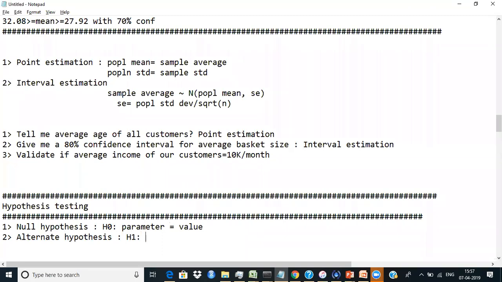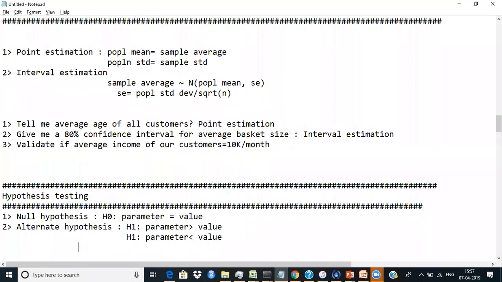The alternate hypothesis can have parameter greater than that value, or parameter less than that value, or parameter not equal to that value, right?